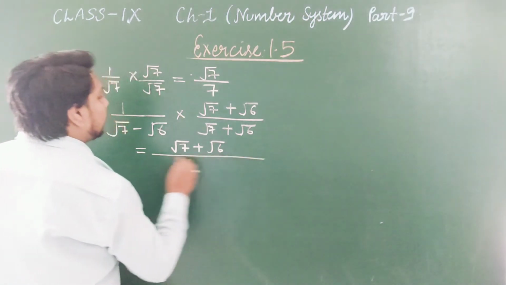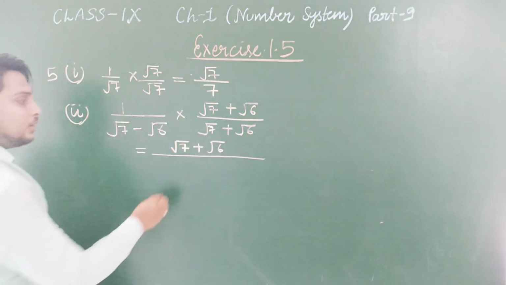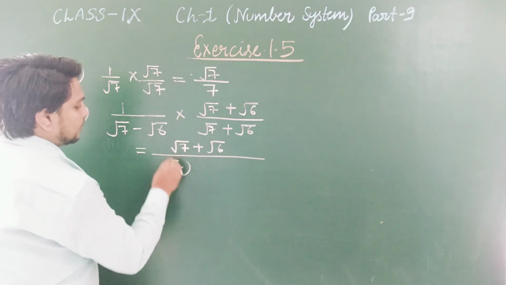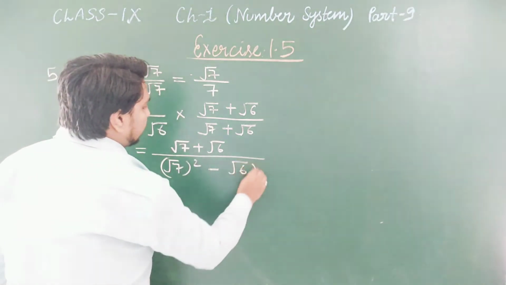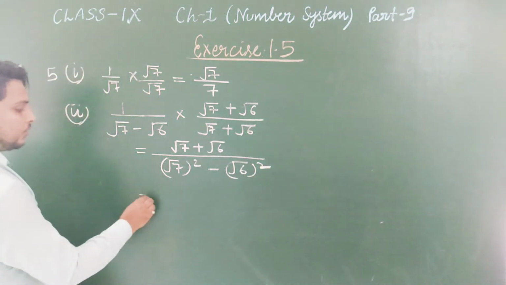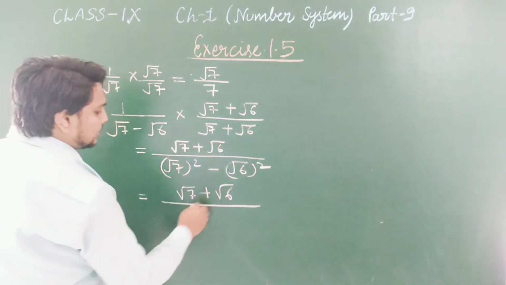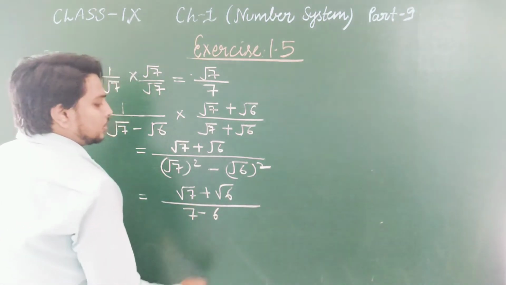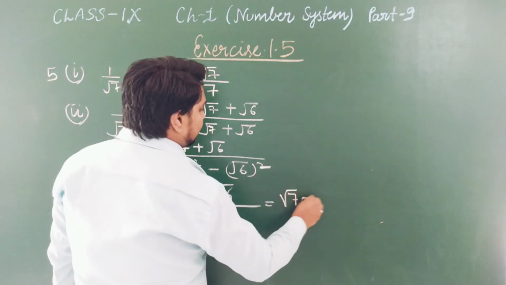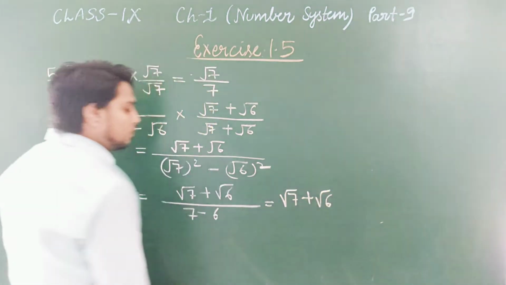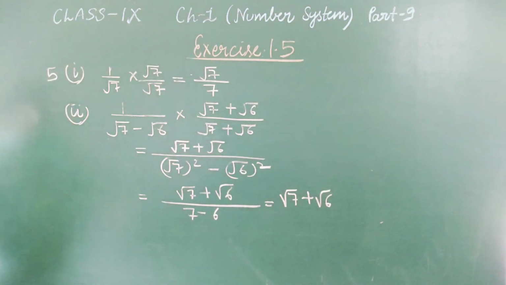In the denominator, (a minus b) into (a plus b) will be a square minus b square. So it will be (under root 7 plus under root 6) upon (7 minus 6), which is under root 7 plus under root 6 upon 1. There is no need to write the denominator when it is 1. So this was the second question.